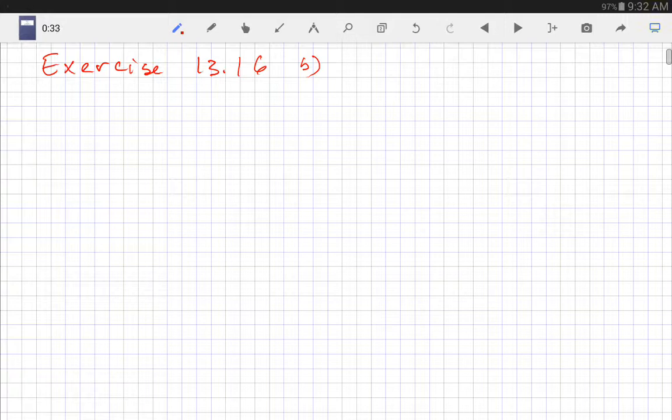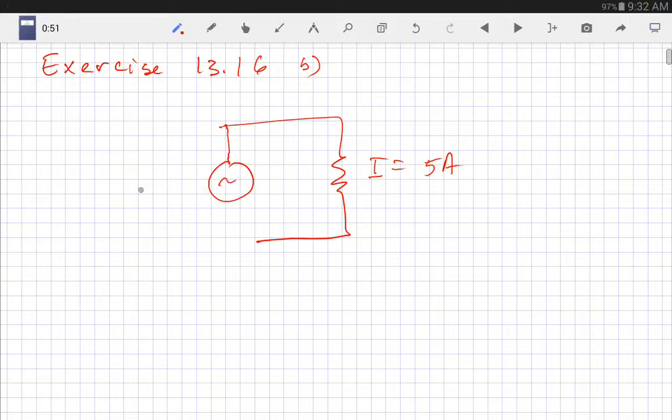It says a toaster draws a current of 5 amps when it is connected to its 110 volt AC. So I have a resistor that draws a current of 5 amps when it's connected to 110 volts. The question is, what is the resistance of the heating element?